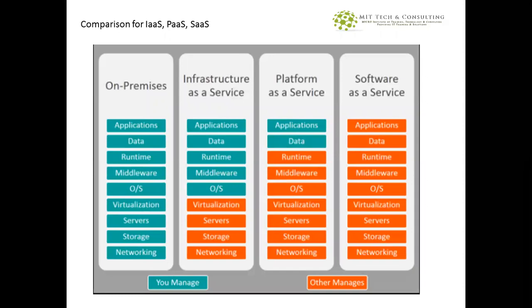If you go for on-premises, from the networking till the applications, everything should be managed by the customer only. But if you go for infrastructure as a service, from networking till virtualization will be managed by someone else.